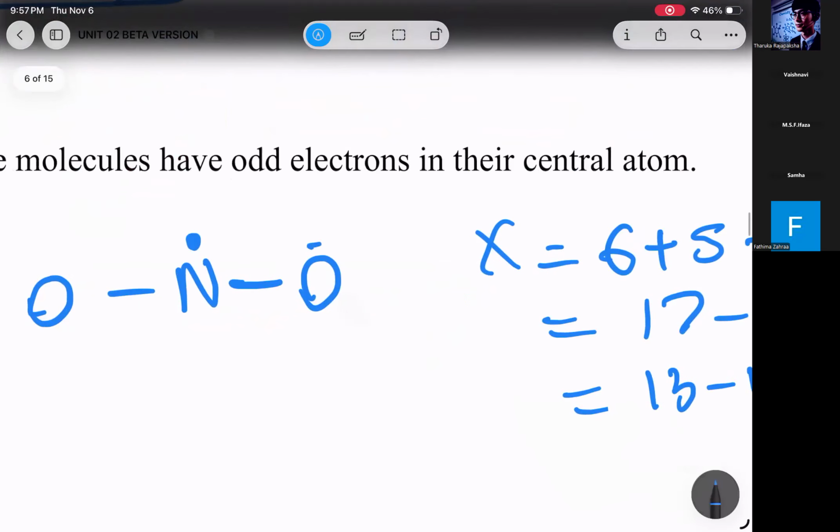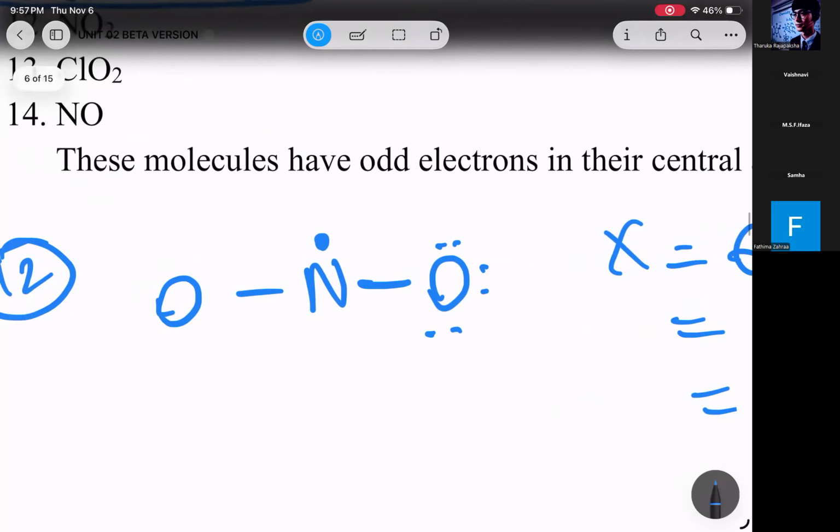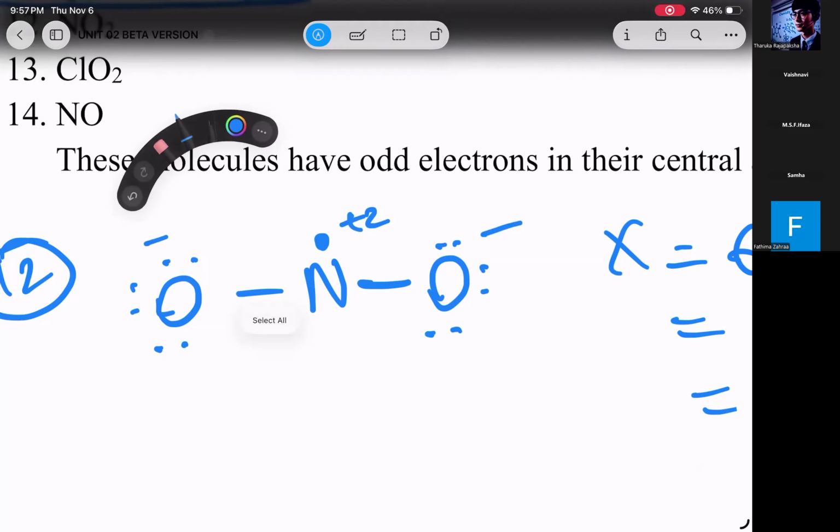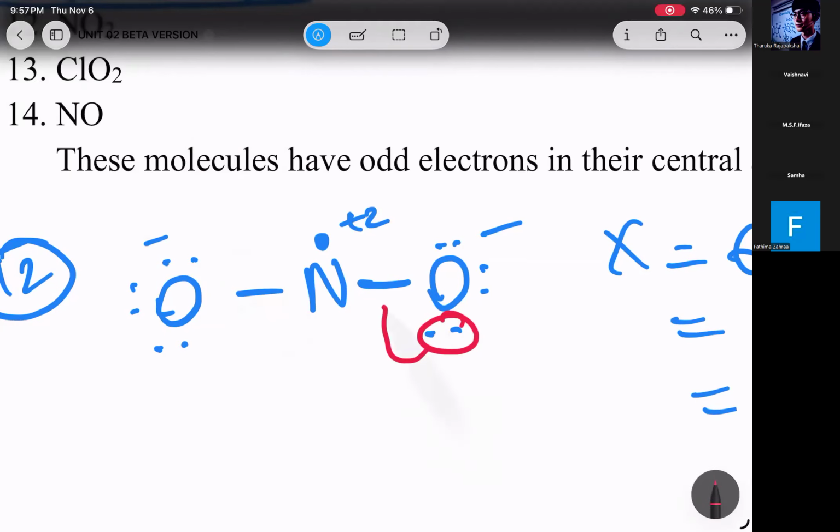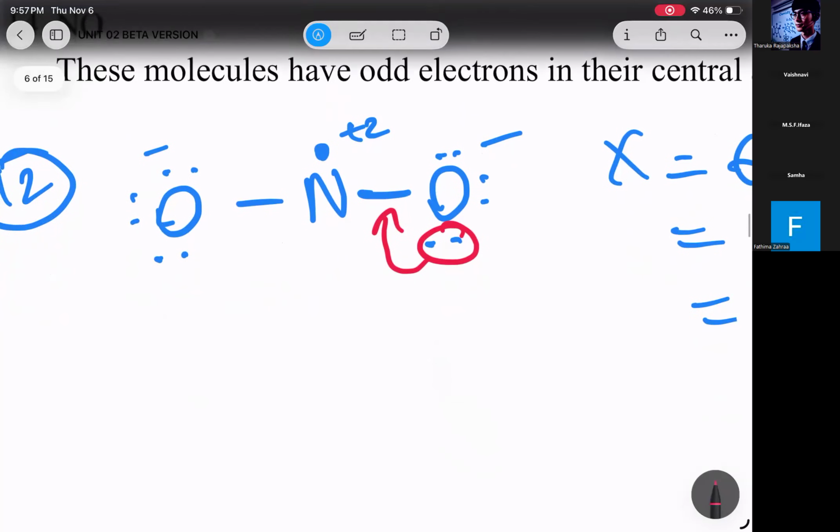Now you can put 1, 2, 3, 4, 5, 6. Now the electrons that nitrogen has, 3. It deserves 5. So 5 minus 3 is plus 2. Oxygen has minus 1. This oxygen has minus 1. Now what do you do? Form a bond. This one forms inside, forming a double bond.